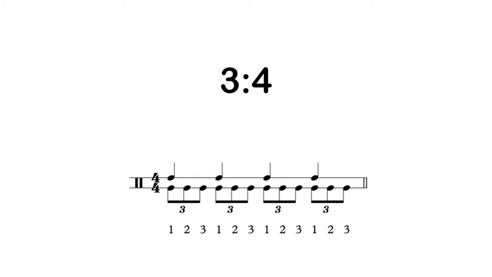Now that I have my beats divided into triplets, I'm going to have those numbered as you see here. I'm going to renumber them using the second number of the ratio, but I'm not going to change the speed of the division. So you see my triplets here numbered 1, 2, 3, 1, 2, 3, 1, 2, 3, 1, 2, 3.